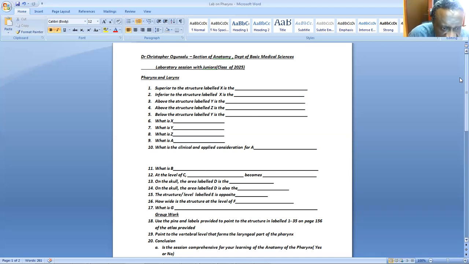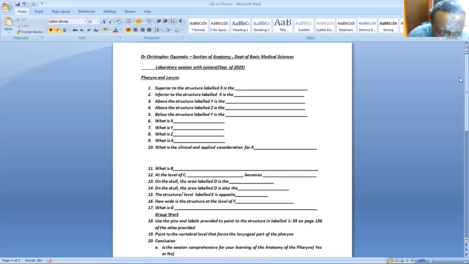And then at the level of C, and that level of C, most likely C is the cervical vertebra C6. So at the level of C, the laryngopharynx becomes the esophagus. And that takes you to question number 13.